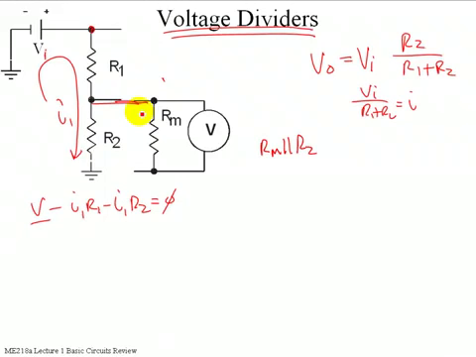So let's put numbers to it. R1 equals R2 is equal to 10K, and Rm is equal to a mega ohm. And if Vi is, what did I use for Vi? 10 volts. Nice round numbers, make it easy to do.